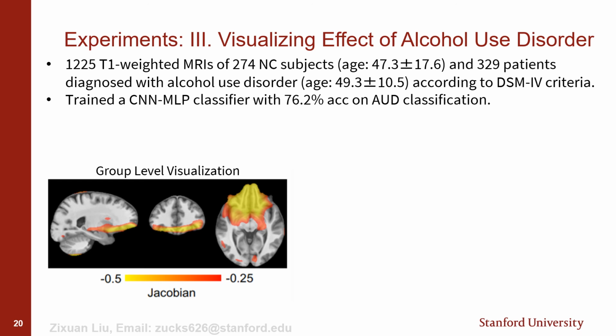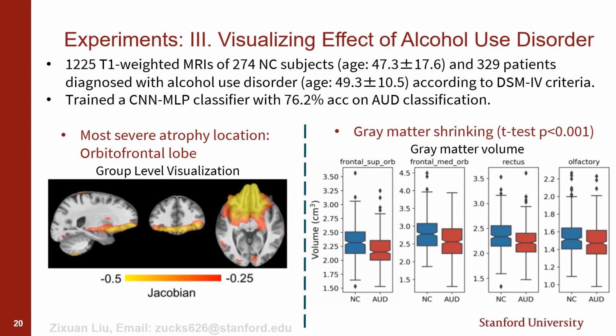From the Jacobian map visualization, we can see that the most severe atrophy is located at the orbital frontal lobe. This is consistent with the medical research result that disruption in the structural and functional properties of the orbital cortex is associated with alcohol dependence. We further do a classical group test between the raw control cohort and simulated disease cohort on 4 regions of interest to see if the gray matter volume is significantly different in these ROIs.